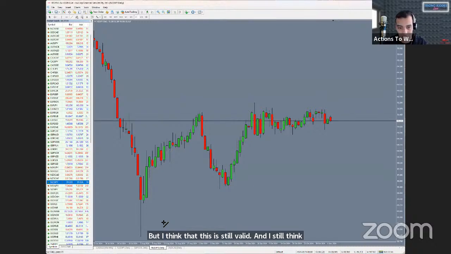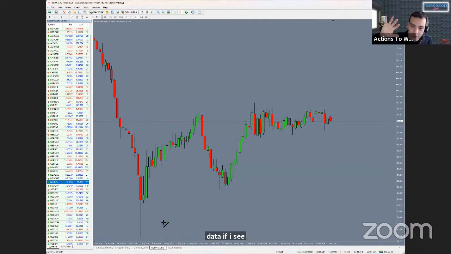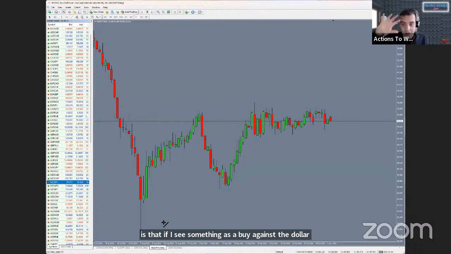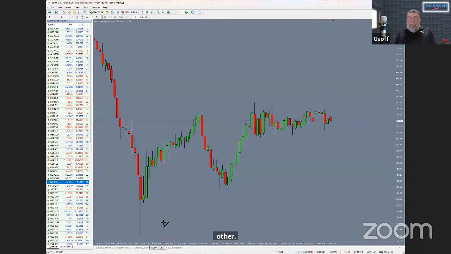I think it's a better way to put these two together. And I think about that with seasonality. When I look at the seasonal data, the way I construct the grid is that if I see something as a buy against the dollar and something as a sell against the dollar, I'll use those two against each other.